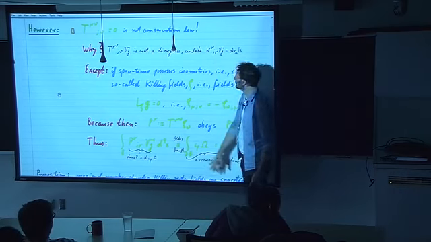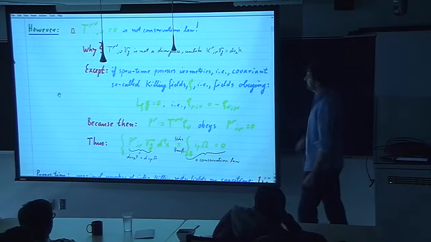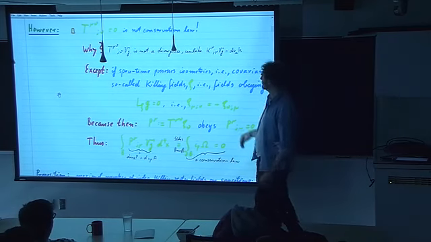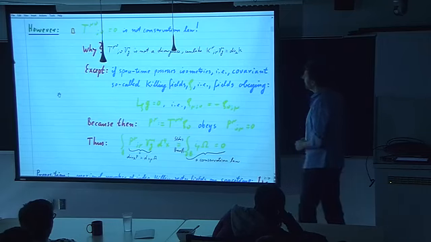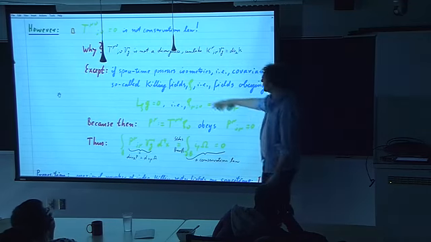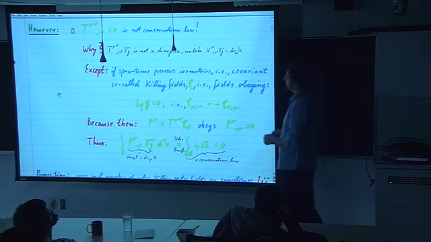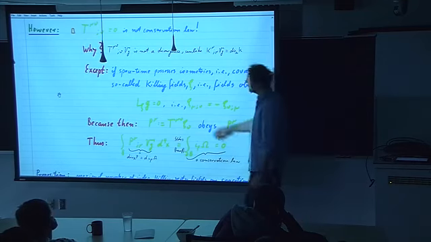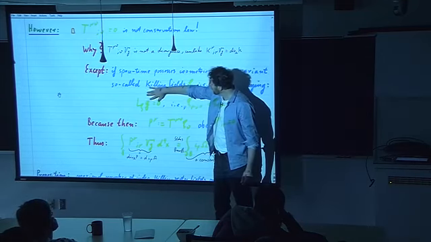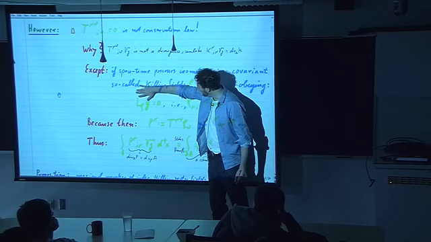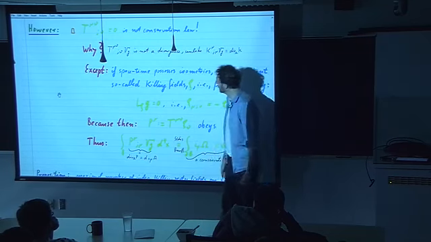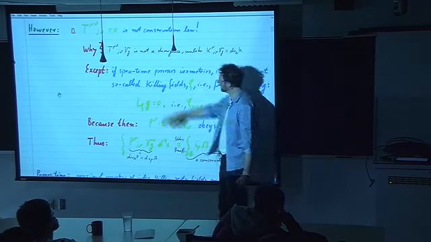Namely, a spacetime possesses a symmetry, or technically an isometry, if so-called Killing fields exist, or if at least one Killing field exists. And a Killing field is a vector field ψ for which the Lie derivative of g is vanishing.